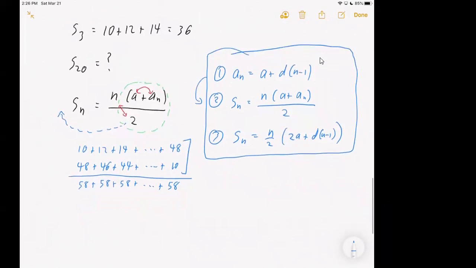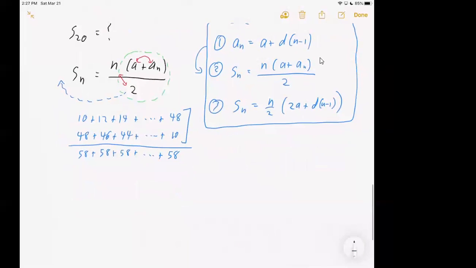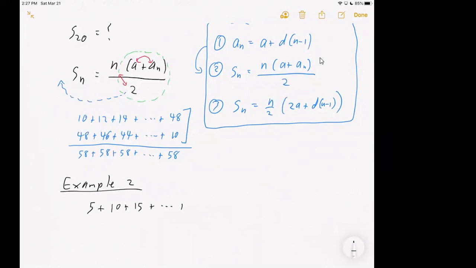Okay, so let's just look at the example. Here's another example. What if I had the list, actually, let's make this a partial sum. So let's just call it 5 plus 10 plus 15 plus ... all the way up to 200.